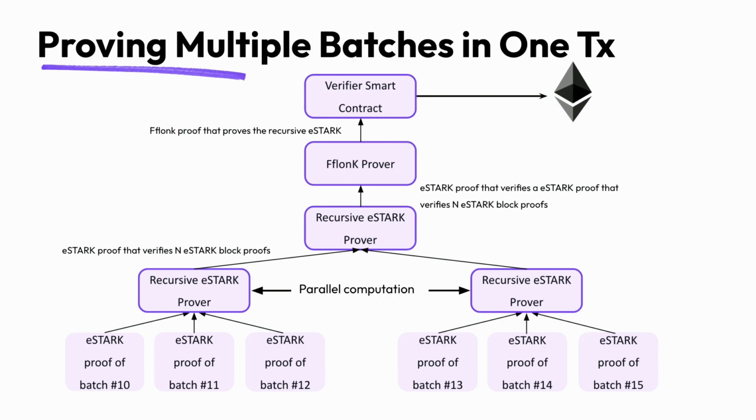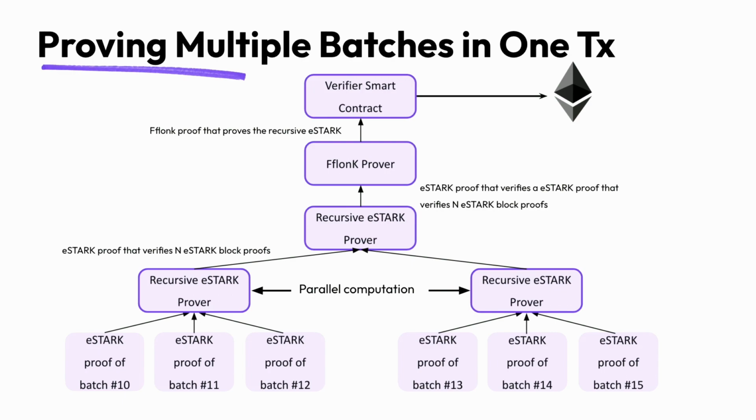Batches are just groups of transactions. We generate a proof for each of them. Instead of sending each of these proofs to the blockchain, we run another prover on top of these proofs just to aggregate them, into a single proof, in the sense that if you verify this proof, all the bottom proofs are correct.